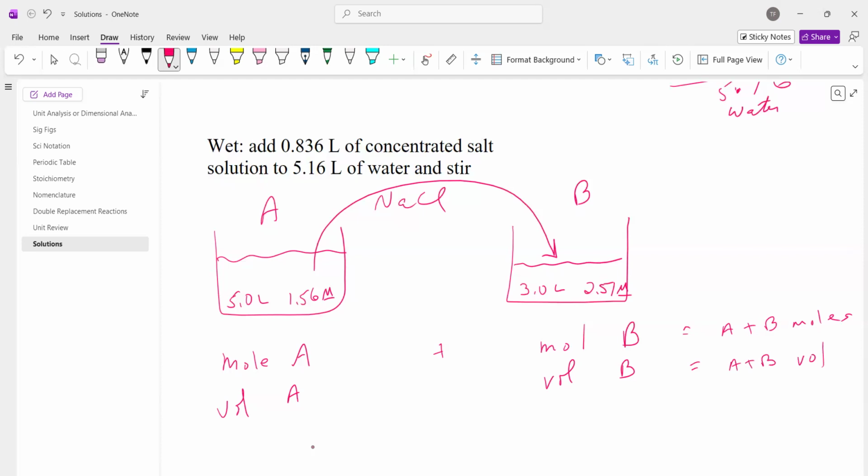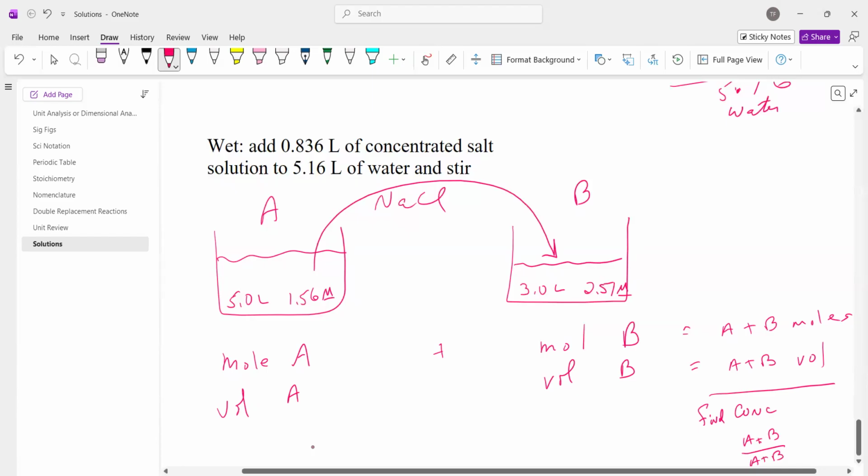So now we have concentration. Final concentration is moles A plus B over volume A plus B, in moles per liter. Does that make sense?